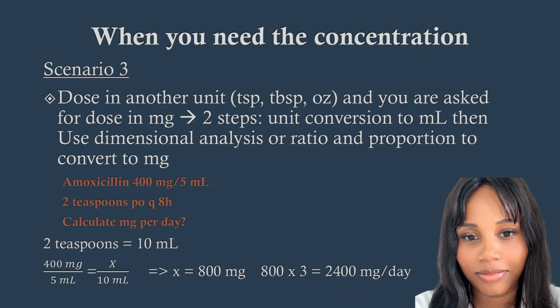So then once we have the dose, we can convert that dose from ml to milligram by using either ratio and proportion or dimensional analysis. So in this example here, we're using ratio and proportion. So we have 400 milligram over 5 ml equals X over 10 ml. So X then equals 800 milligram. So it's 3 doses per day. So 800 times 3, so that's 2400 milligram per day.